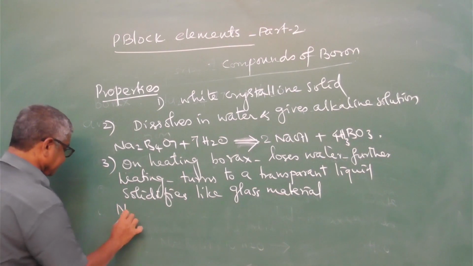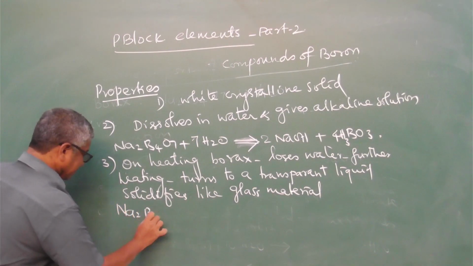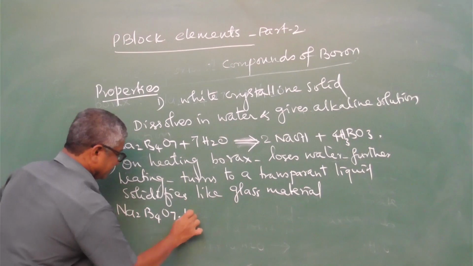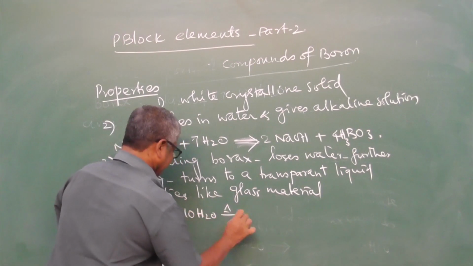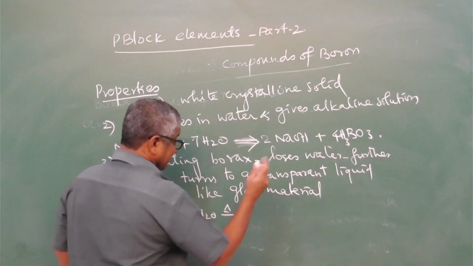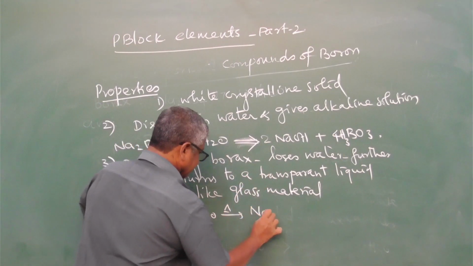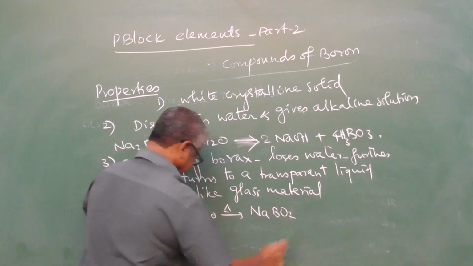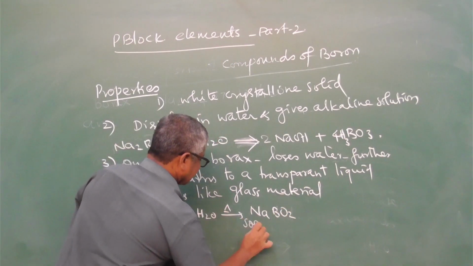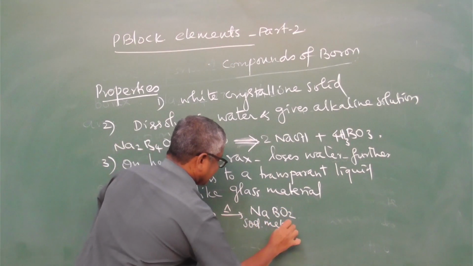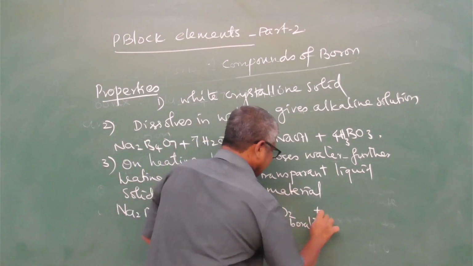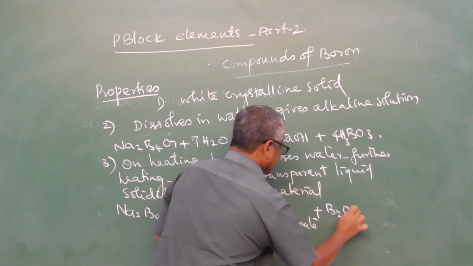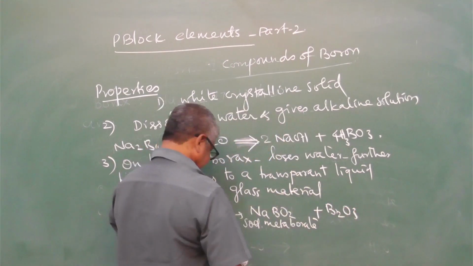Reaction: Na2B4O7 with 10H2O on heating gives the final product sodium metaborate with the formation of B2O3, boron trioxide.